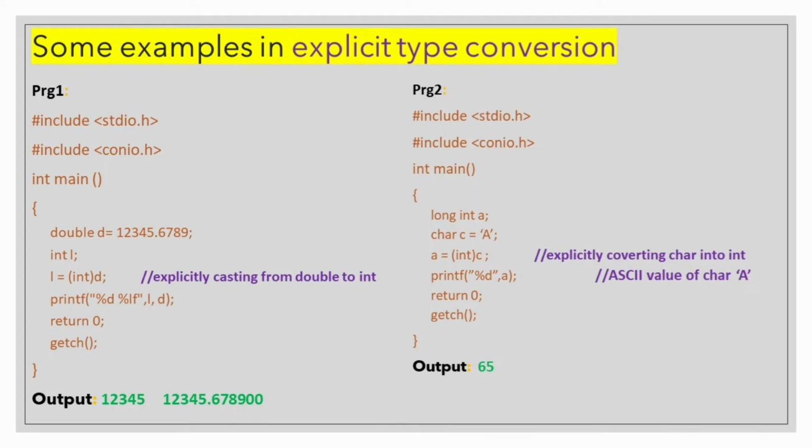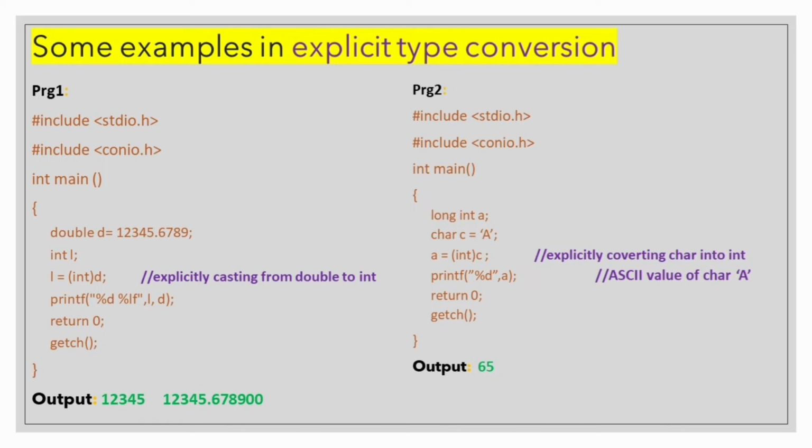Take program 2. Here a and c are variables of data types long integer and character, where c has a default value capital A. We are going to assign a equal to int of c, that is int of capital A. Here we are explicitly converting the character into the integer data type.